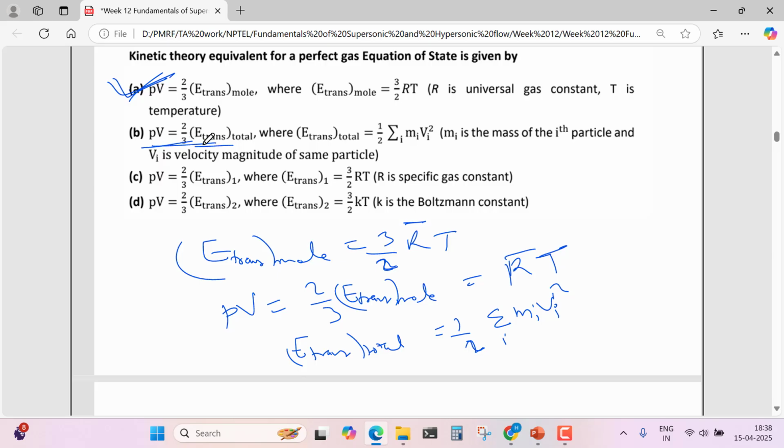PV will be equal to the total energy, and this total energy will also be given by half sigma i mi vi square. These both are correct. That's why this option B is also correct. And options C and D are wrong. One thing to know is that it is not mentioned what E translational 1 and 2 are. So we cannot say if this will be equal to 3 by 2 RT or 3 by 2 kT so as to satisfy the perfect gas equation. That's why only options A and B are the correct options.